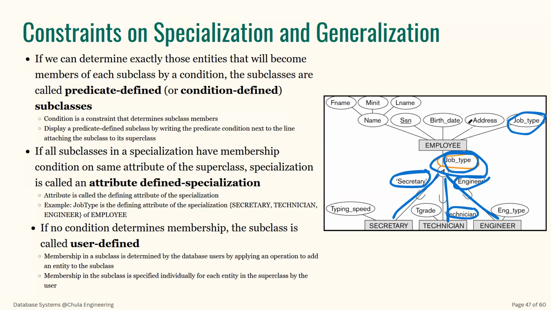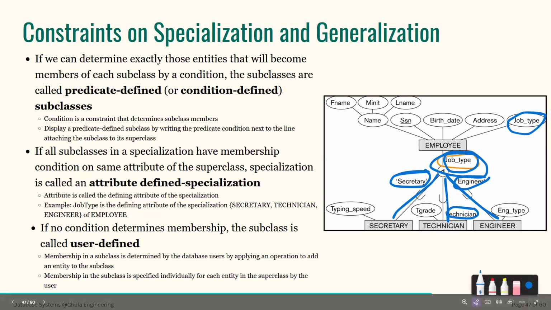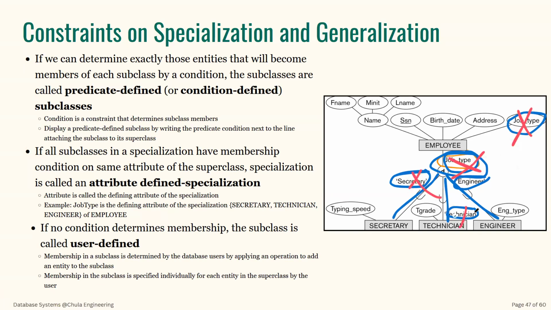However, if there is no condition that determines the membership, the subclass will be user defined. For example, you allow the user to identify whether they are secretary or technician or engineer, and then you keep that information later. An example would be this: let's say you do not keep job type, then you don't have anything here, right?